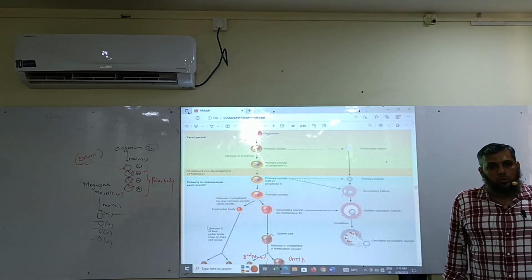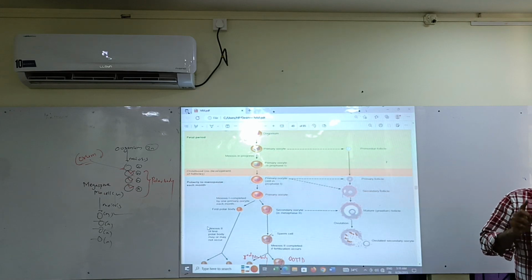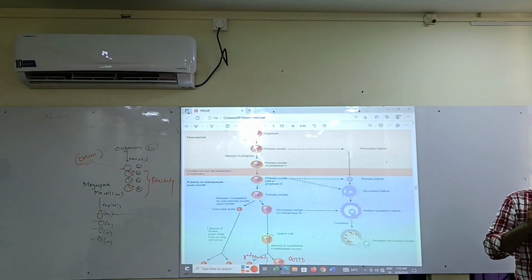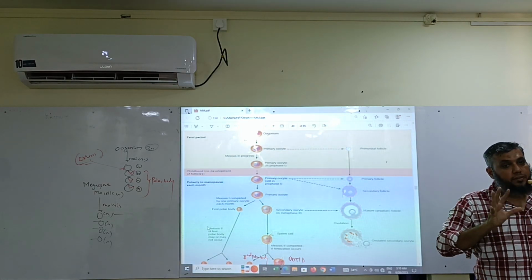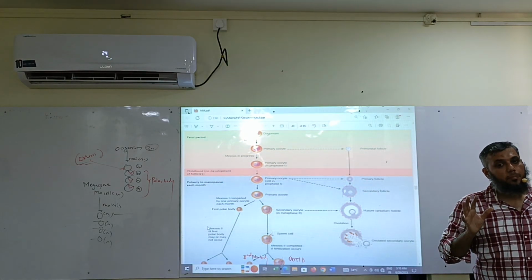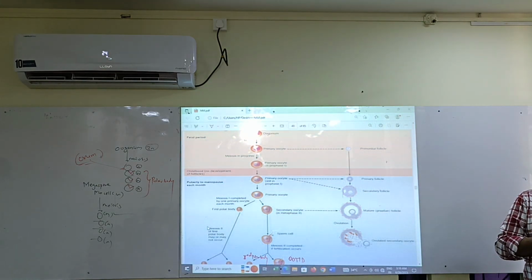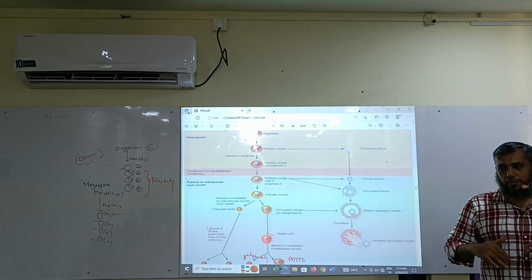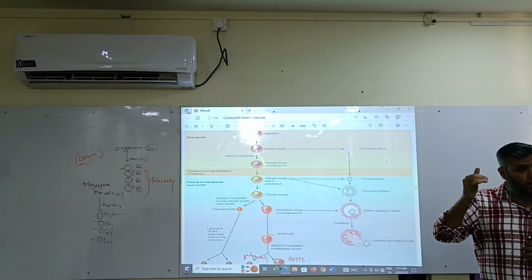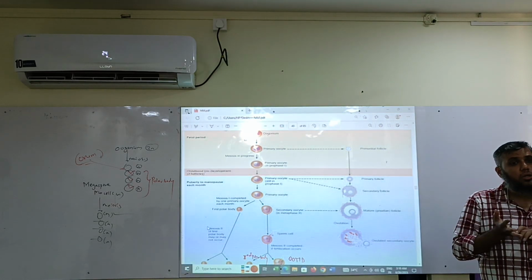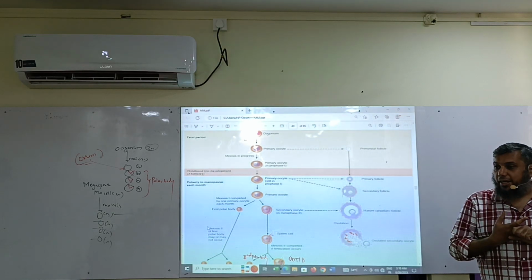Right. Now the primary oocyte is arrested at prophase 1 of meiosis 1, and it is a part of the primordial follicle. Both have to happen simultaneously. Yes, now for 10-12 years nothing will happen, but with the onset of puberty, the primordial follicle will change into early primary follicle, late primary follicle and secondary follicle.